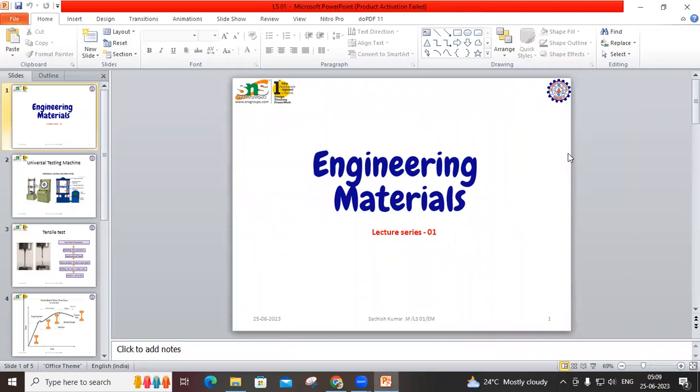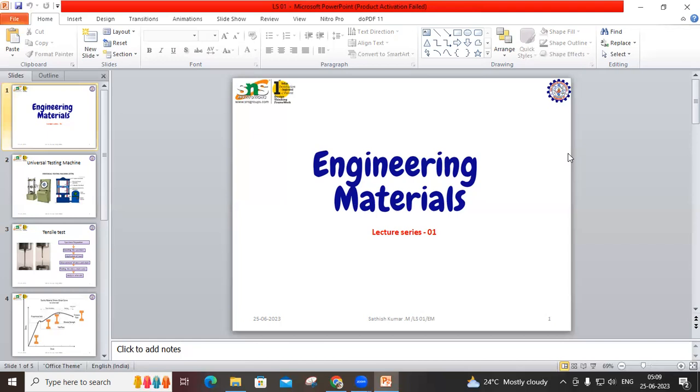As a part of continuous improvement, we are having this lecture series in the course Engineering Materials. So today we are going to discuss testing of materials. When we use materials for building an aircraft, ship, or automobiles, we need to test some properties.